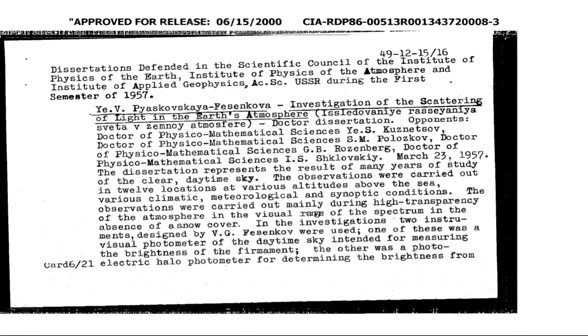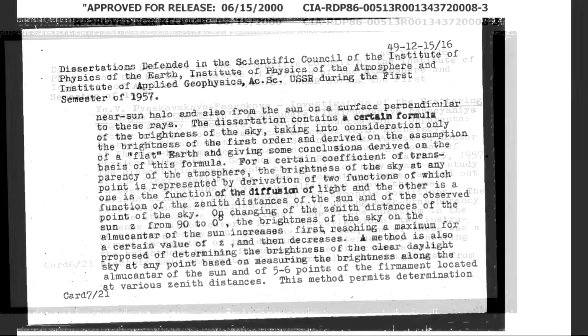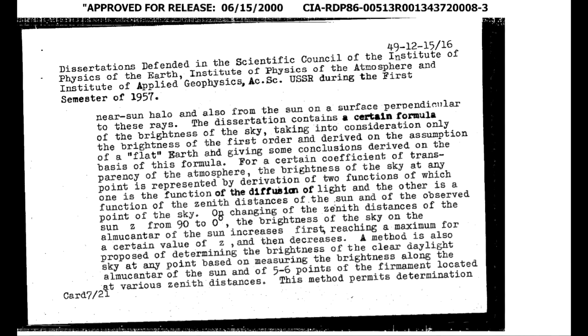On page 19, it discusses using, quote, "a visual photometer of the daytime sky intended for measuring the brightness of the firmament." And on page 20 admits, "The dissertation contains a certain formula of the brightness of the sky, taking into consideration only the brightness of the first order and derived on the assumption of a flat Earth, and giving some conclusions derived on the basis of this formula."